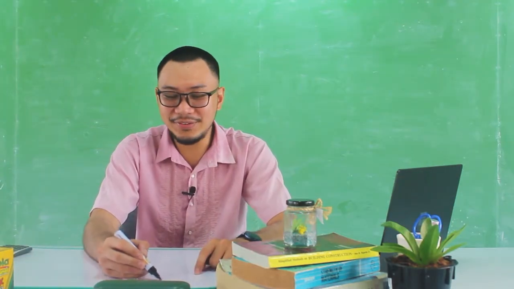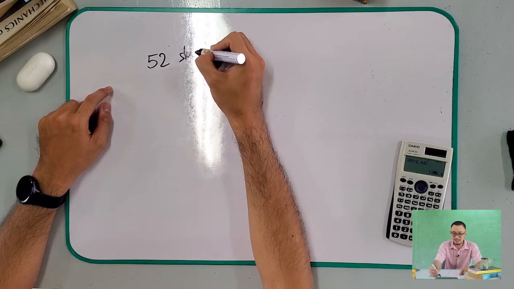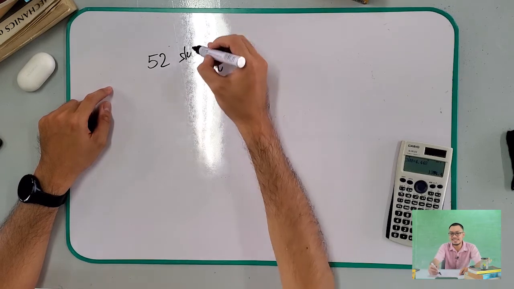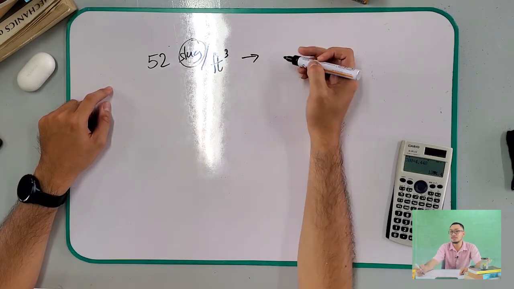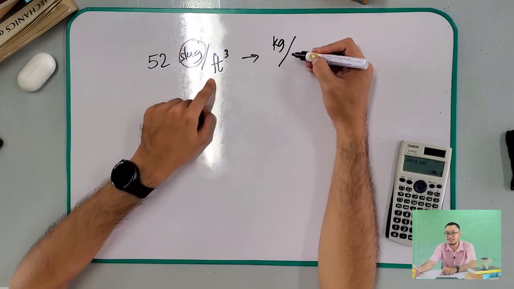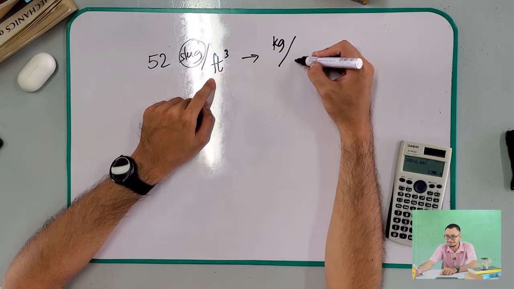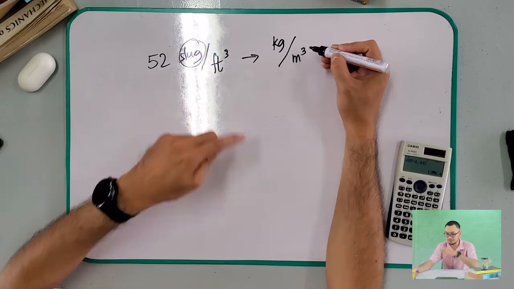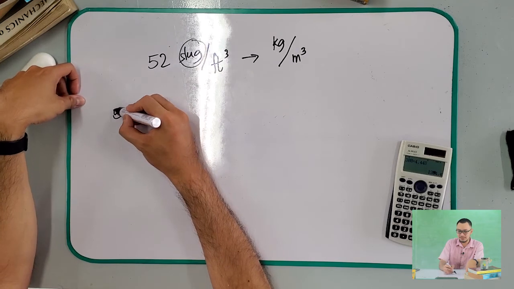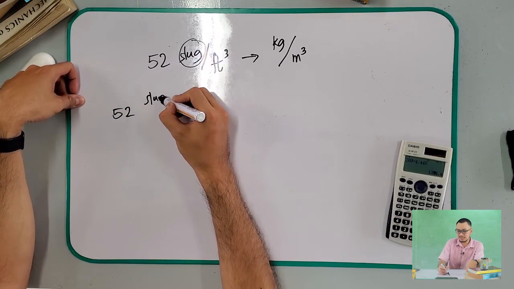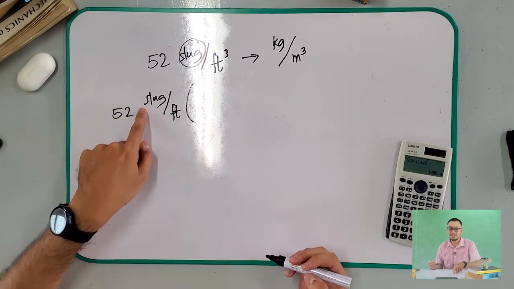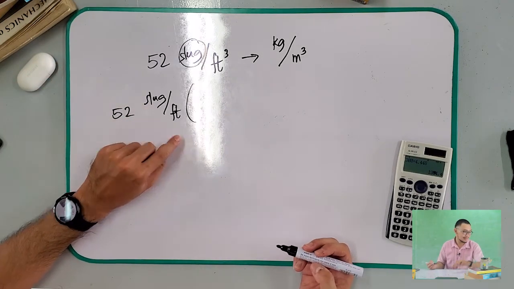We also have 52 slug per cubic feet. So, for this slug, you should convert it into mass in kilograms. And for feet, we convert it into cubic meters. So, first, 52 slug per feet times, convert the slug into kilograms.